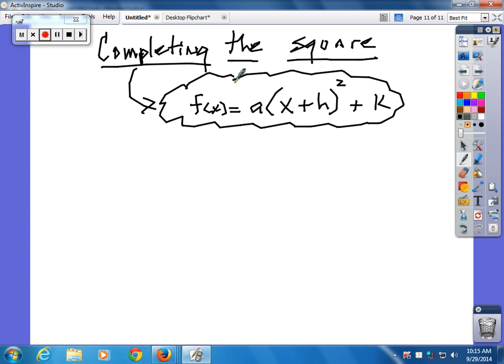And why don't teachers teach it? Well, there's usually two reasons teachers don't teach it. I'm not talking about the teachers that do teach it. I'm talking about the teachers that don't. One is they don't know how to do it. And two, they think it's easier to teach you how to memorize the quadratic formula.